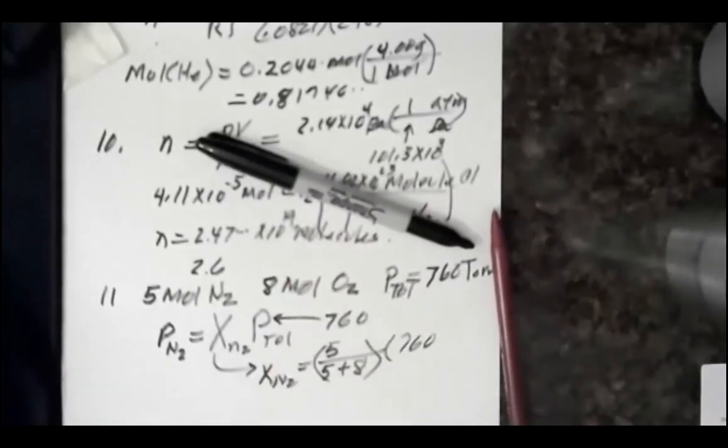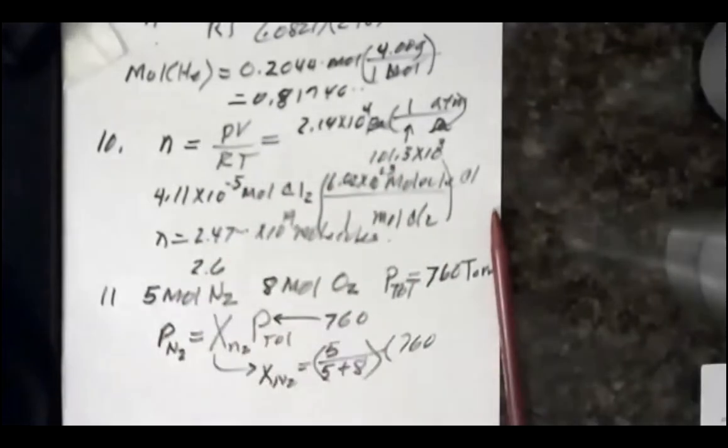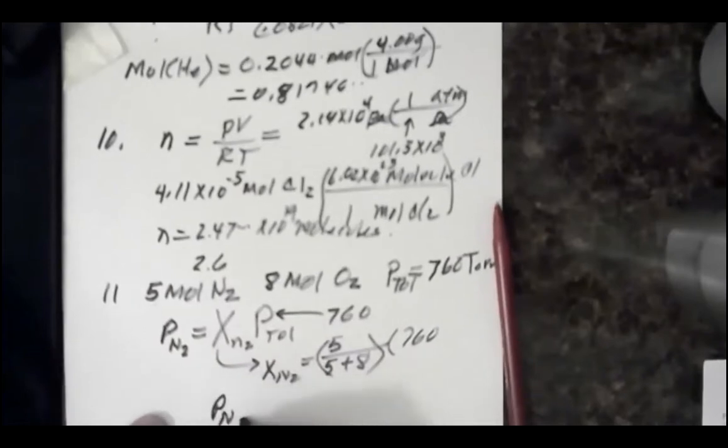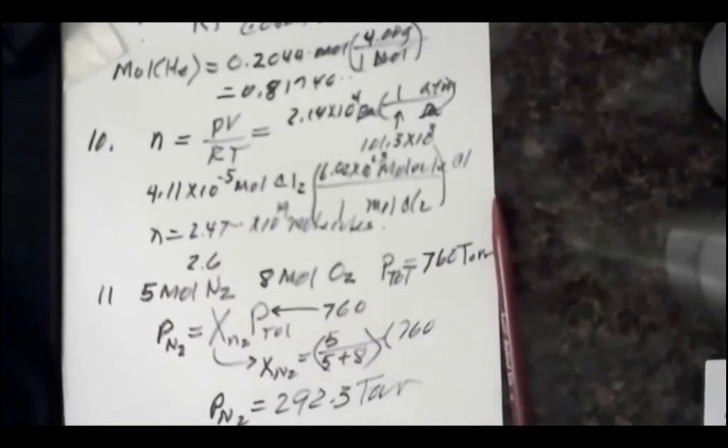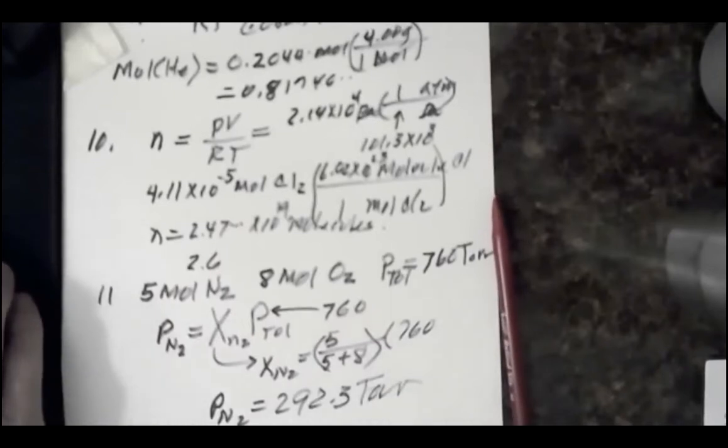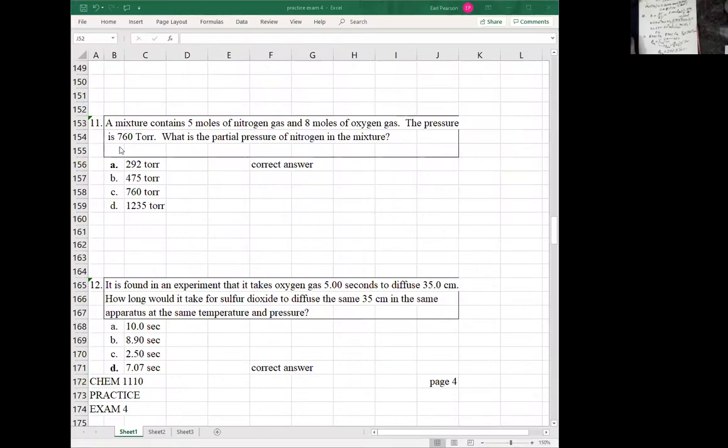So 5 divided by the quantity 5 plus 8. That's the mole fraction, 0.3846, times 760. That's 292.3 torr. If we go back and take a look, there we are. 292 is correct.